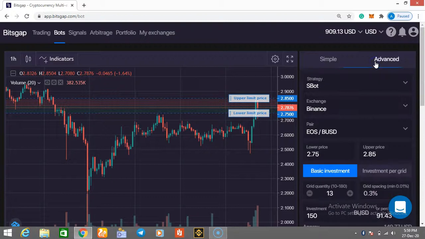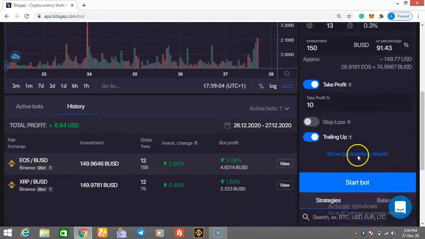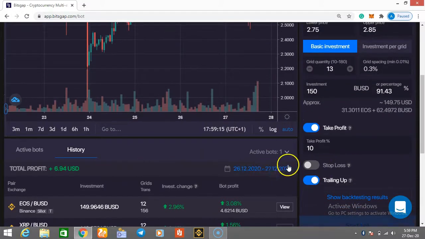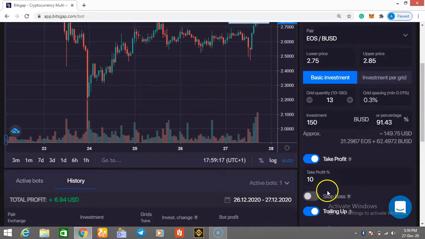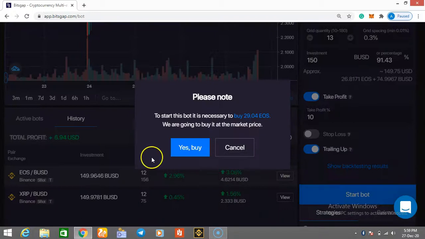If I go to advanced, then I'll be able to set the take profit and activate trailing up. So I'm going to launch a new bot right there. Let me wait a bit. There's going to be a message: to start this bot, it's necessary to buy this amount.